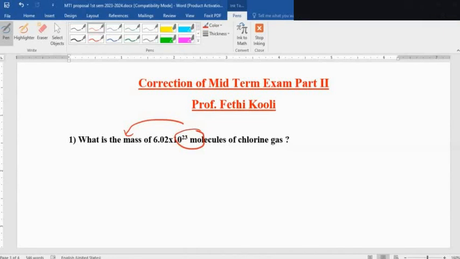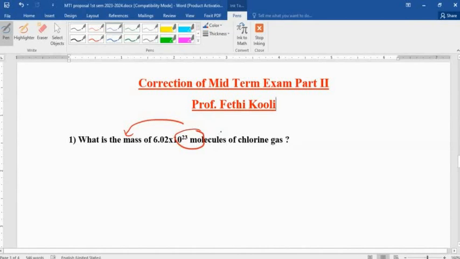Now, what is the number of particles? In chemistry, I have either atoms or molecules. Why did he give me the number of molecules here? Previously, in question number 3, it was the number of atoms. Here he gave me molecules because I have chlorine gas, and the chemical formula of chlorine gas is Cl2.